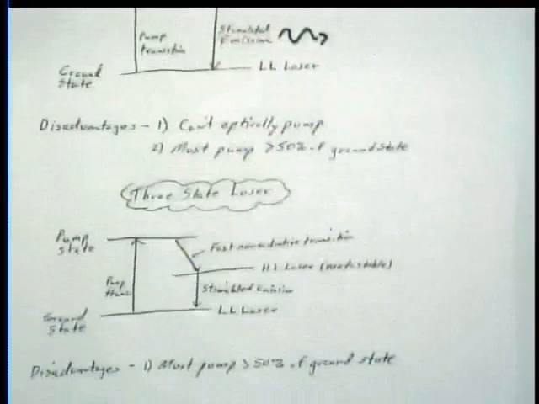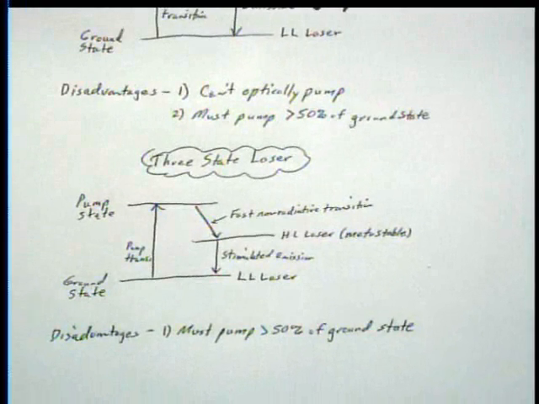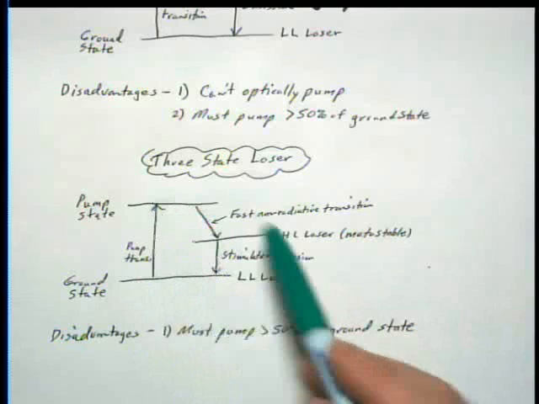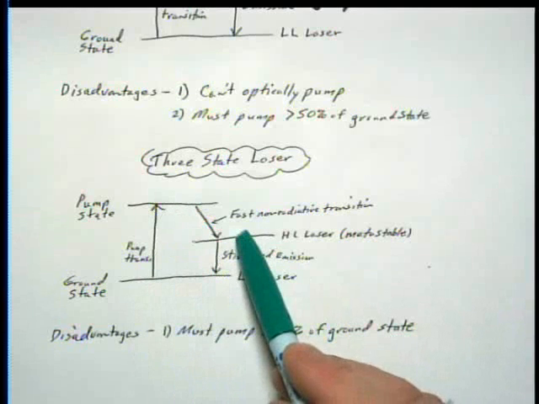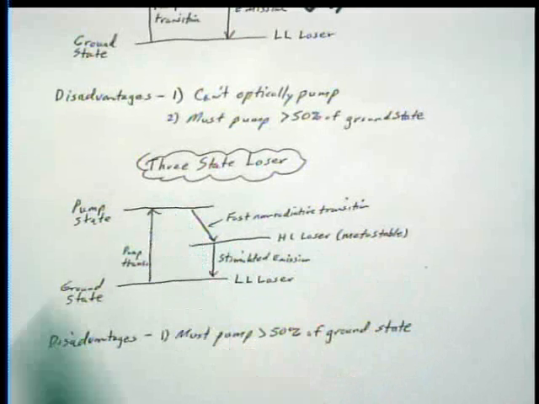So here's what a three-level laser is. Well, it has three levels. The ground state, pump state, and this high-level laser state. Because this is not a metastable state, it can be a regular state that likes to emit but also likes to absorb quickly.